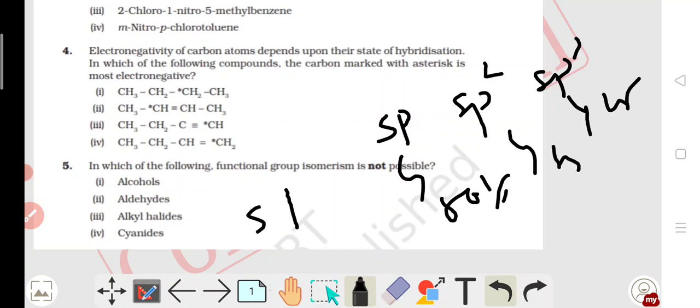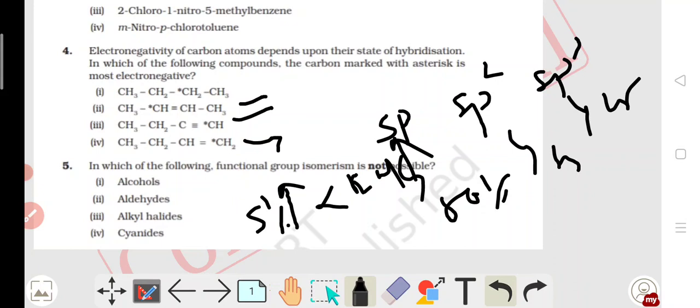If s character increases, electronegativity increases. So here, triple bond is sp, double bond is sp2, double bond is here sp2. Here in option third there is sp hybridization and s character is more, so more electronegativity of this starred carbon. So my correct option is third.